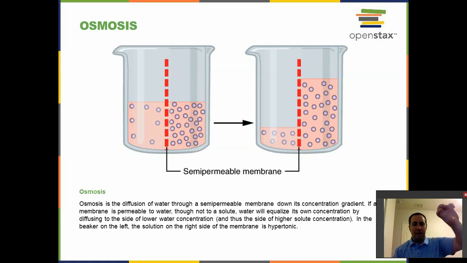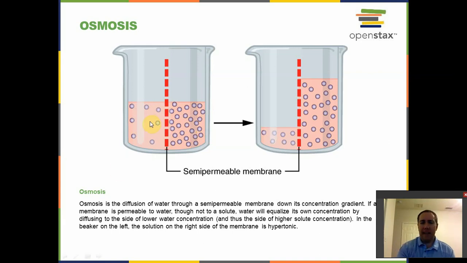On your left, we have a low concentration of sugar solution. On the right, we have a high concentration of sugar. Now, based on diffusion, the sugar would want to move from the right over to the left. But sugar is not able to get through our membrane. It just can't. No matter how much it wants, it can't get through.